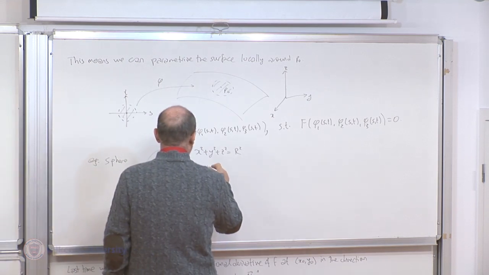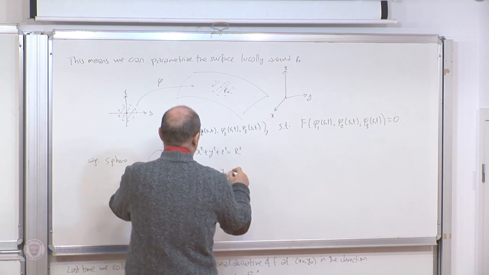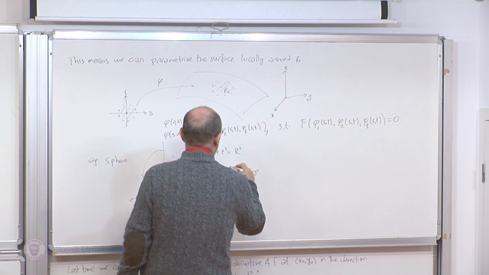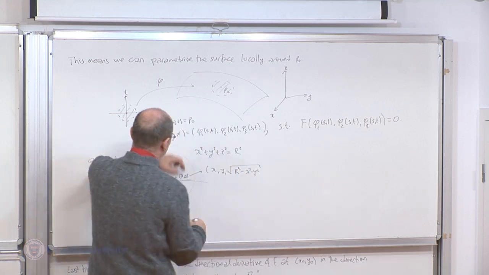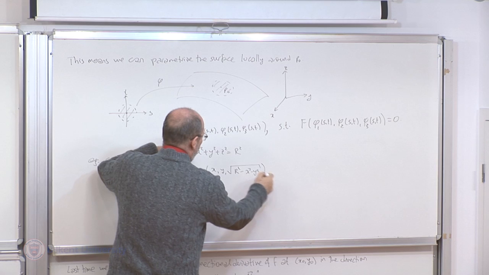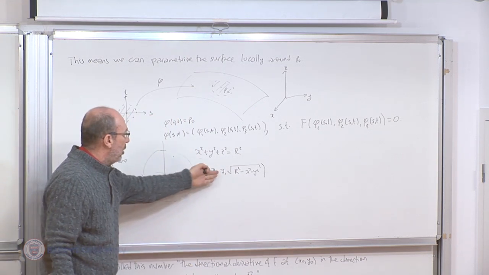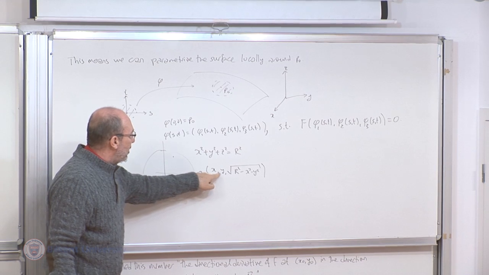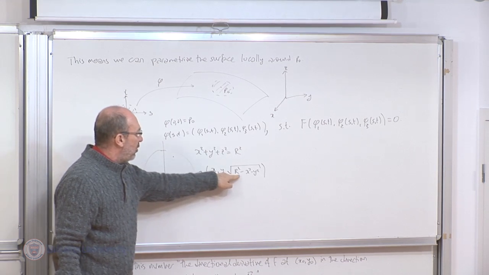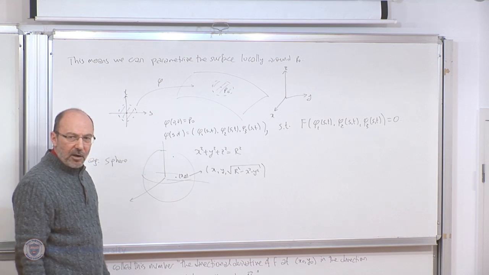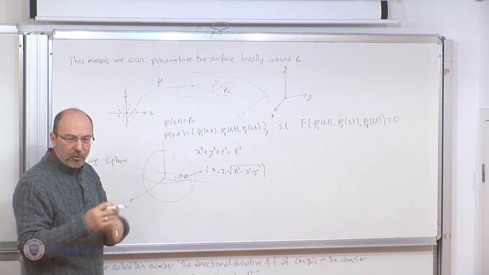So this point goes to x, y, and here square root of r squared minus x squared minus y squared. I choose the plus one so that I'm up here. If I choose the minus square root, I'll be parameterizing this part. So my phi 1 is this, my phi 2 is this, and this is my phi 3. Just for convenience, instead of s and t, I wrote x and y because we'll use x and y.